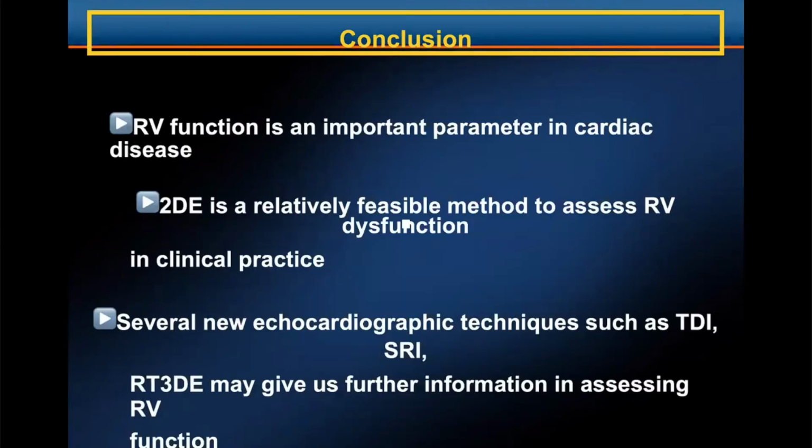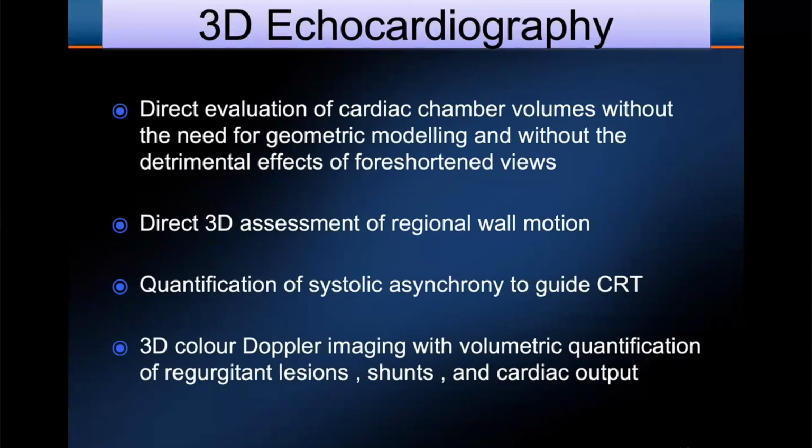So, as a conclusion, right ventricle function is a very important parameter in cardiac disease. Two-dimensional echo is a relatively feasible method for assessing right ventricle dysfunction in clinical practice, but there are several new echocardiography techniques like TDI, speckle tracking imaging, and three-dimensional echocardiography that could give us further information for assessing right ventricle function.